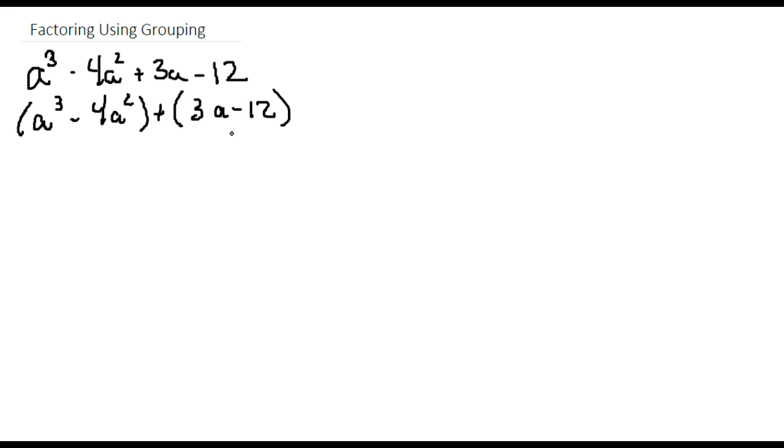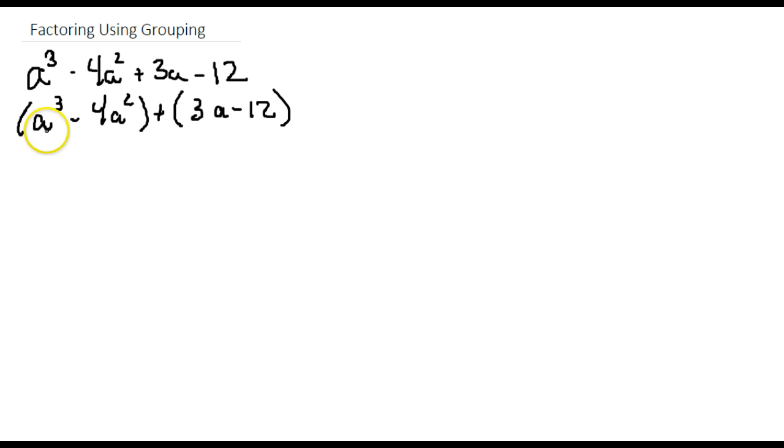Now let's talk about what this actually means. Okay, so let's pull this apart. We're looking for a greatest common factor to each of these terms. We have a cubed minus 4a squared plus 3a minus 12. Is there something we can pull out of each one of these terms to create a greatest common factor for each term?